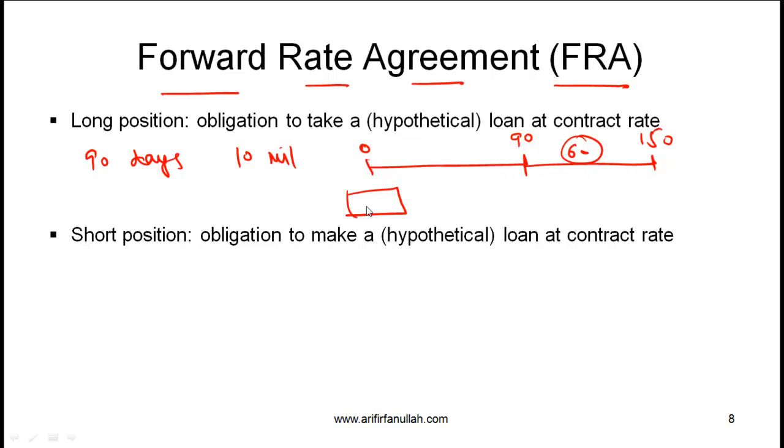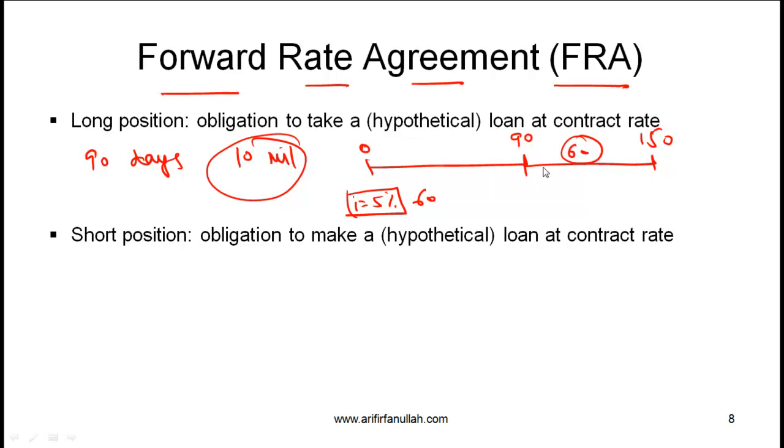At time 0, you sign a contract with the dealer, again let's say the dealer is a large financial institution, which says that the interest rate is going to be equal to 5%. So you sign a contract with the dealer that you are going to borrow $10 million at 5% on this day, and obviously you also need to specify that this is a 60-day loan.